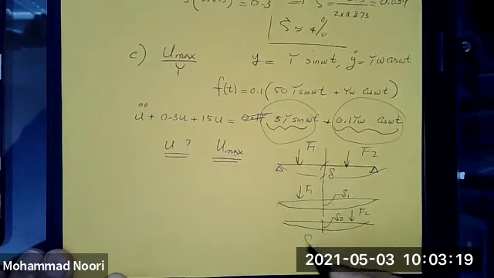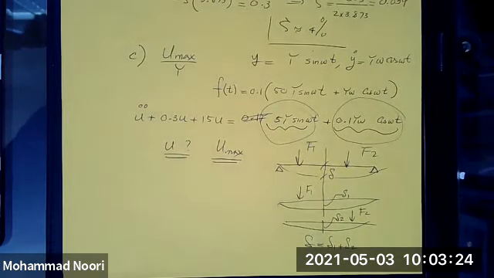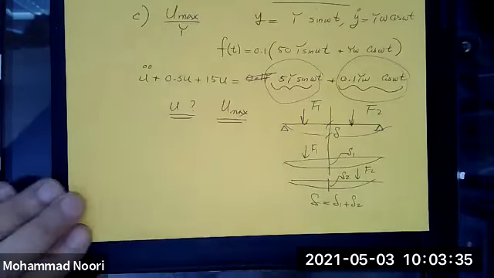So total delta was delta 1 plus delta 2, principle of superposition. Okay? So I'm not going to obviously be able to finish this problem, but let me at least guide you to find that.